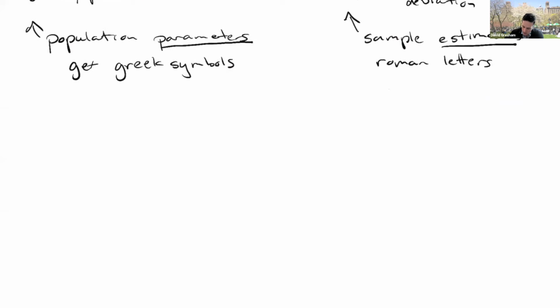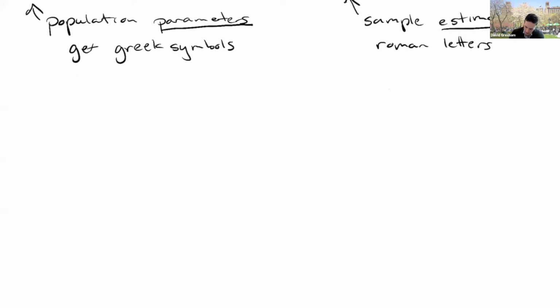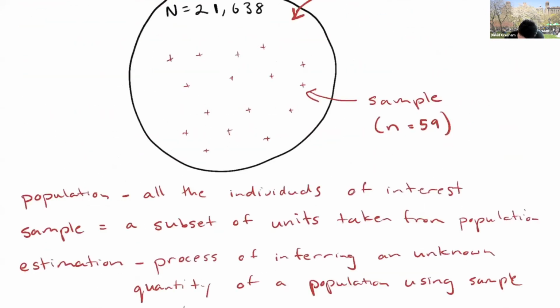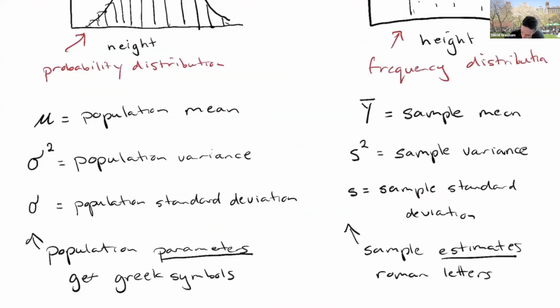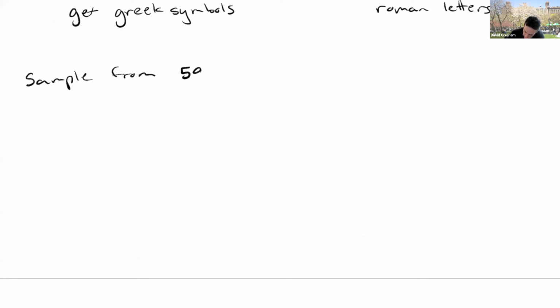All right, so if we go back to our example, we took a sample from, what did we say, 58 individuals? 59. Okay, and just say we've taken a random sample, and who was able to calculate the mean from that sample in the last class?